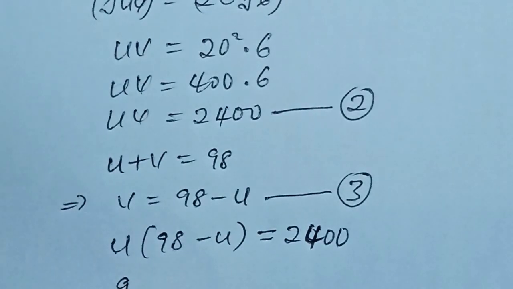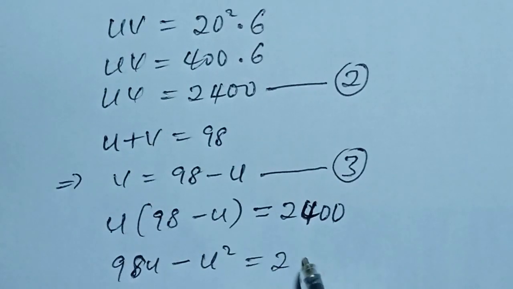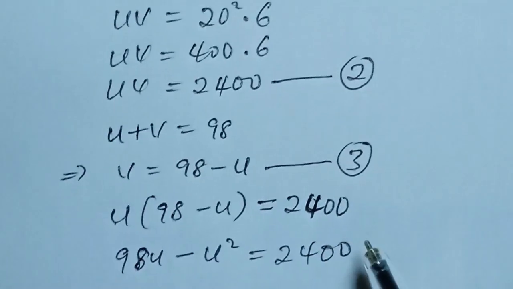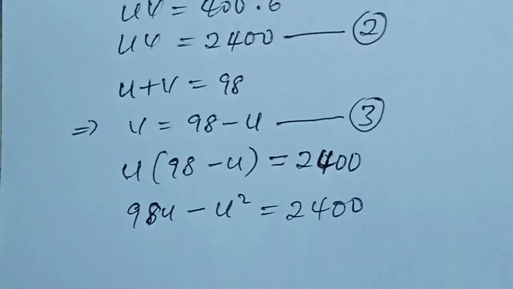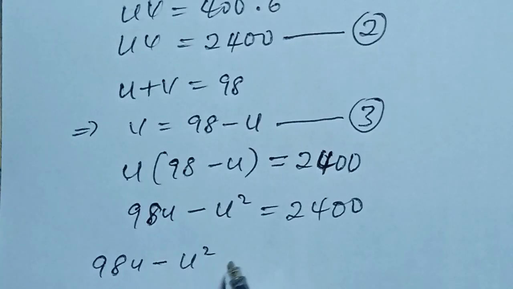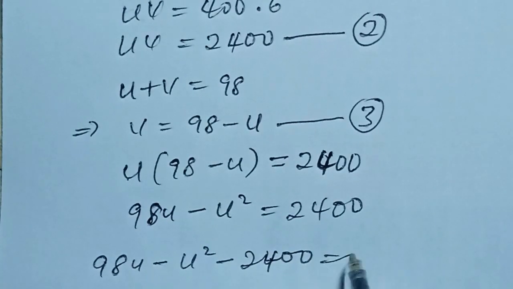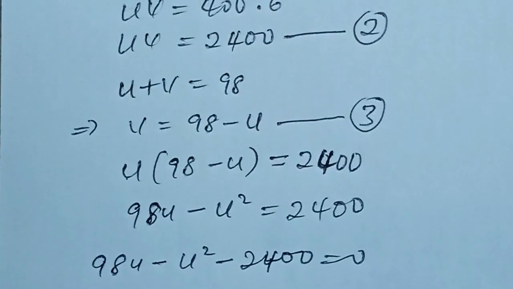So we have 98u minus u squared equal to 2400. We move this by rearrangement. We have 98u minus u squared minus 2400 equal to 0.